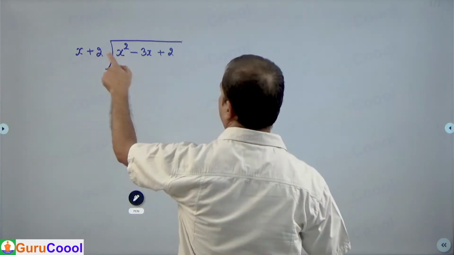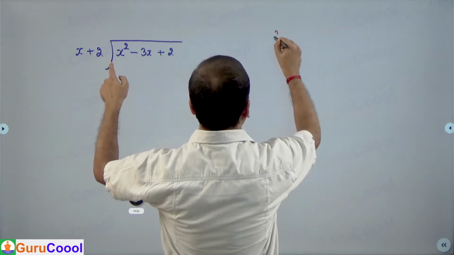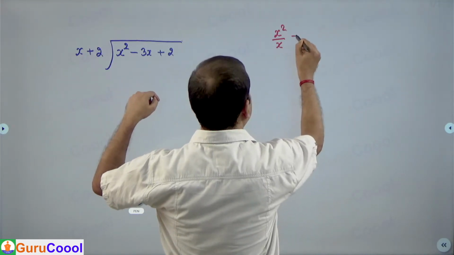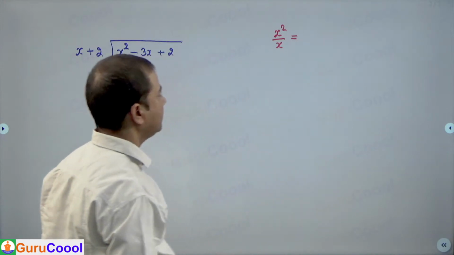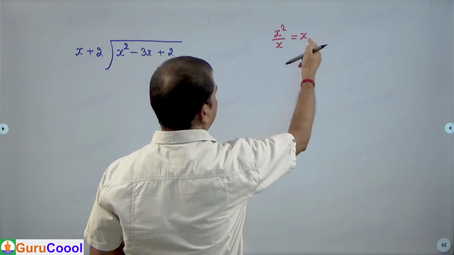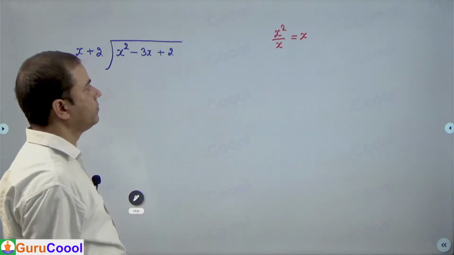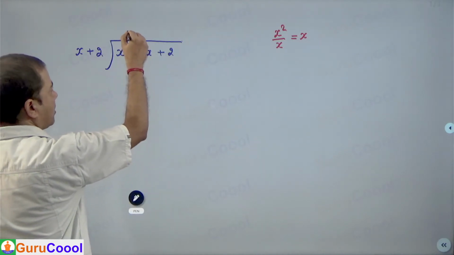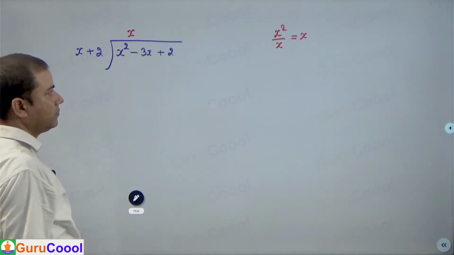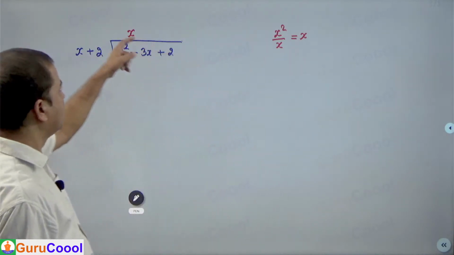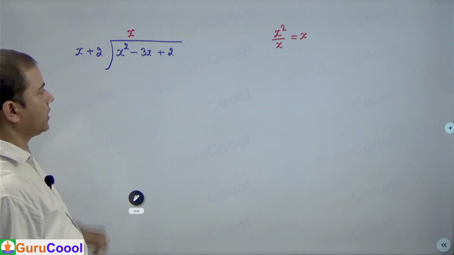First term by first term, divide it. X square by x. What do you get? X, sir. Where to write this x? In the quotient, not below. Whatever we get here should go on top in the quotient.